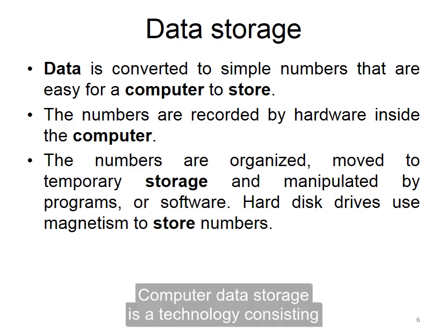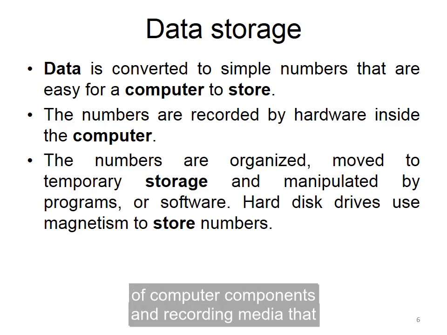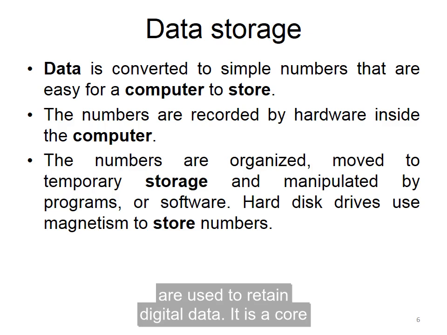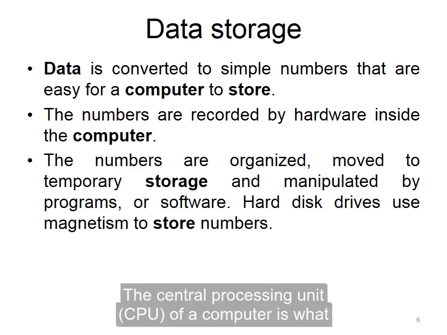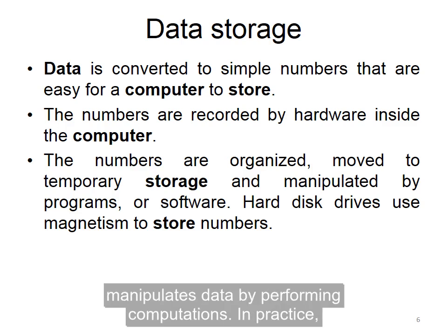Computer data storage is a technology consisting of computer components and recording media that are used to retain digital data. It is a core function and fundamental component of computers. The central processing unit of a computer is what manipulates data by performing computations.